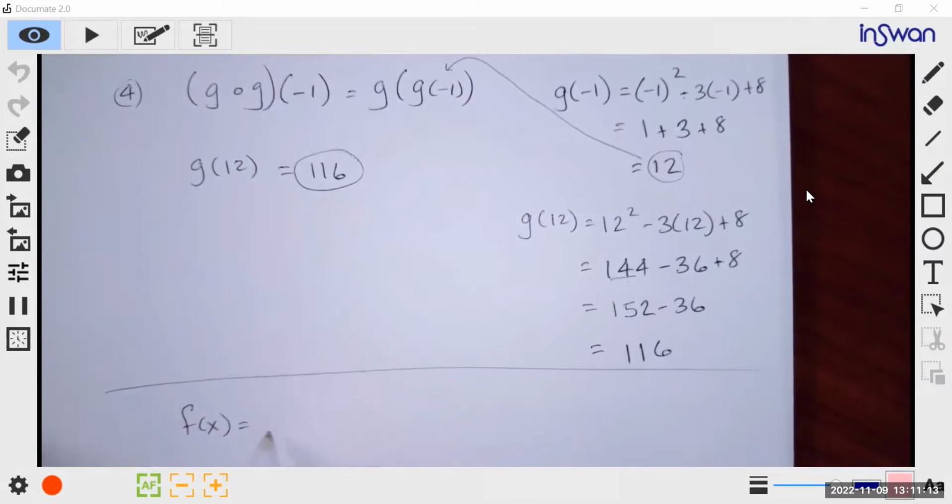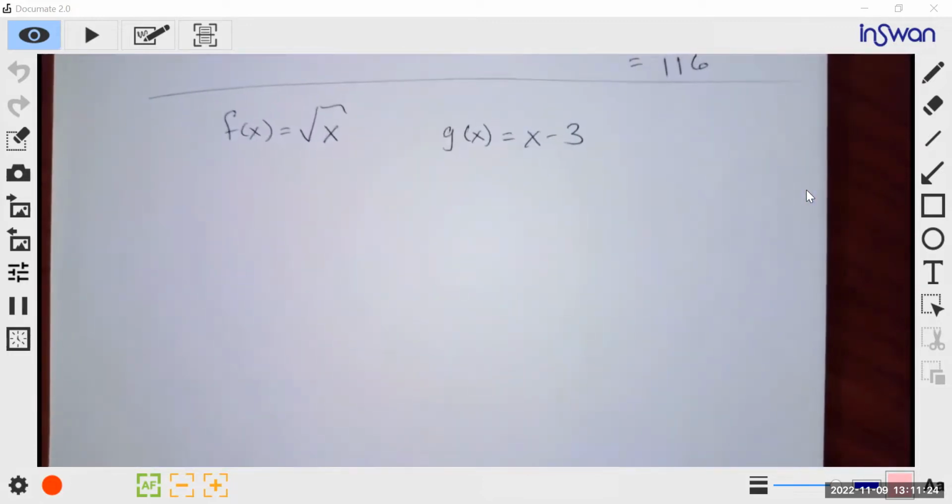Okay, so much for easy functions. What happens if we go back over here and look for uglier ones? What if we had something like this?